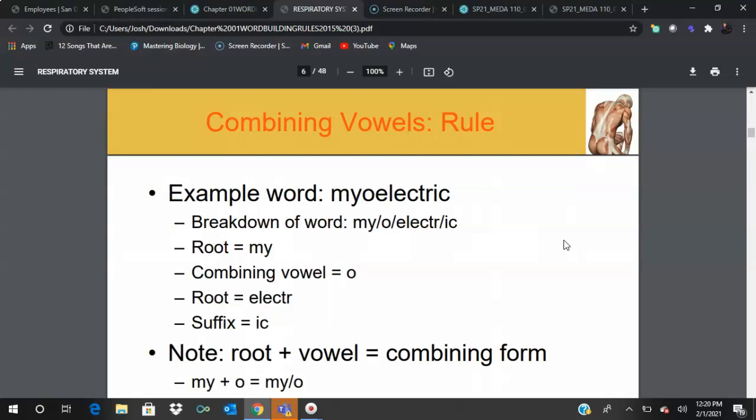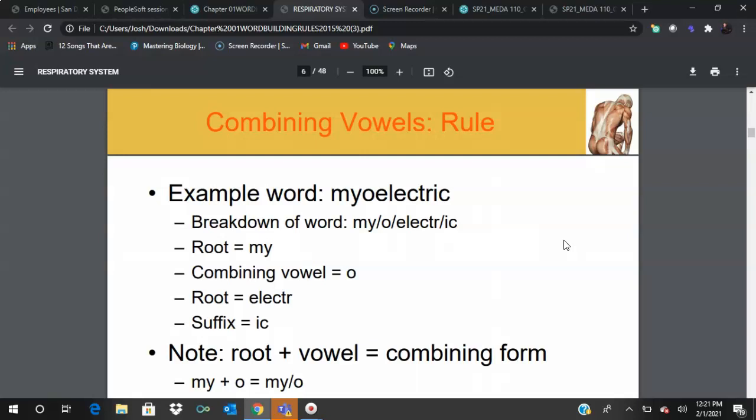So here is an example, the word myoelectric. If we break that down, we notice that we have two word roots here. My, or myo, my means muscle. Electric means referring to electricity.